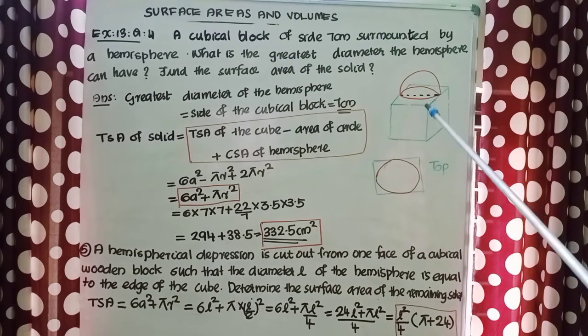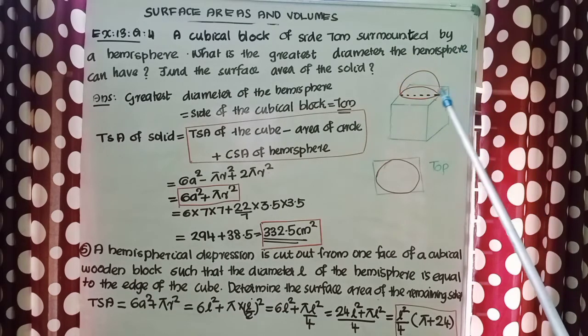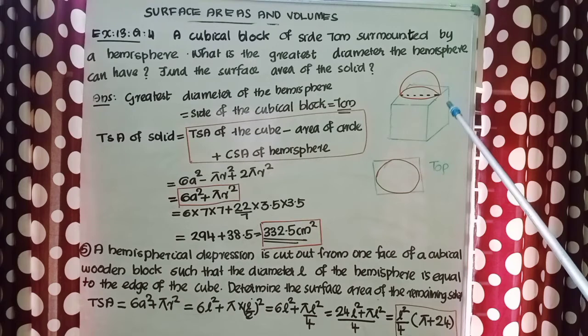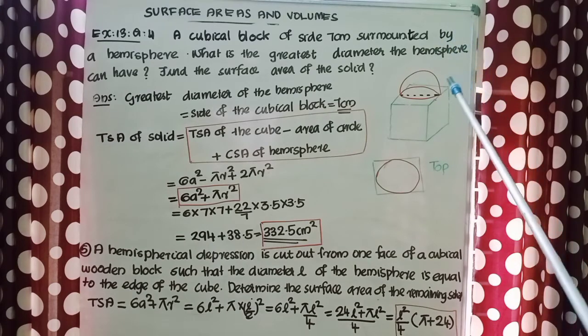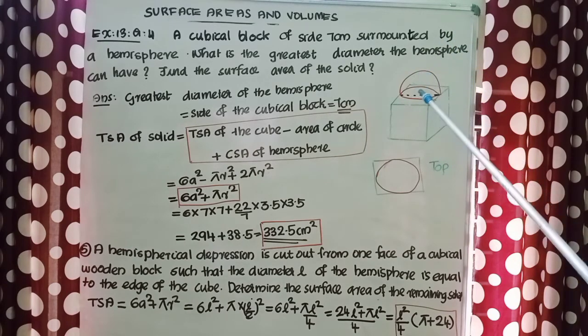So the solid is a cubical block and a hemisphere is surmounted. So we need to find out the area of this cubical block and the area of hemisphere. You see, the 5 faces is visible in this solid, but the top portion I have drawn it separately here.